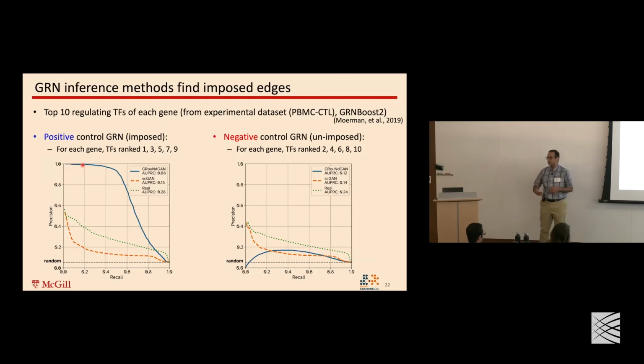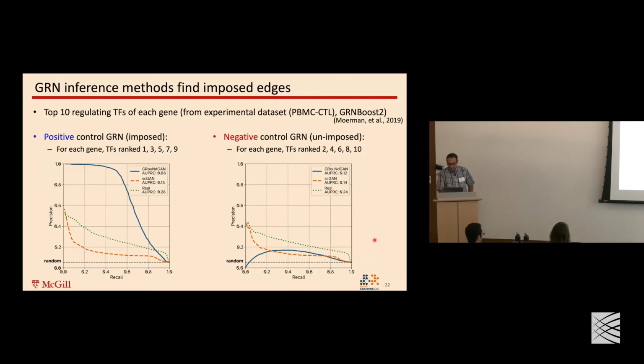But very importantly, if we look at the negative control, the importance of the edges that we did not impose has actually gone down compared to what it was in the reference data set, which is good news for us because it means we are disrupting those interactions that may have existed in the reference data set. Because if we want to use this for benchmarking different GRN inference methods, we don't want interactions that exist in the reference data set but that we didn't impose to cause some sort of bias or error in the insights we get from our benchmarking.